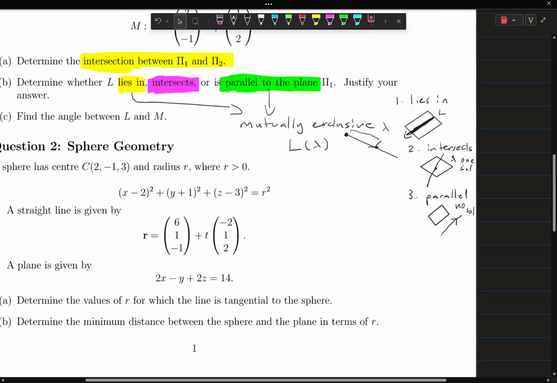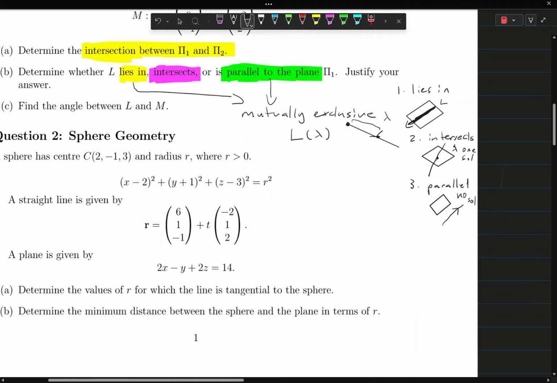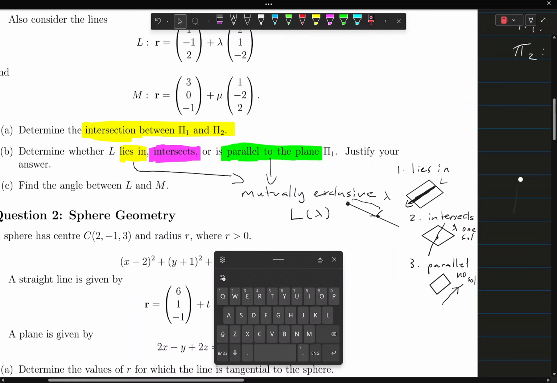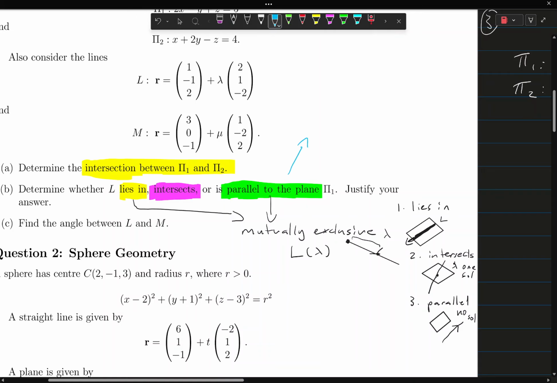Now, a quick side note on being parallel to the plane. Because we already ruled out that the line lies in the plane, if the line is parallel to the plane, it means it is completely outside of the plane.